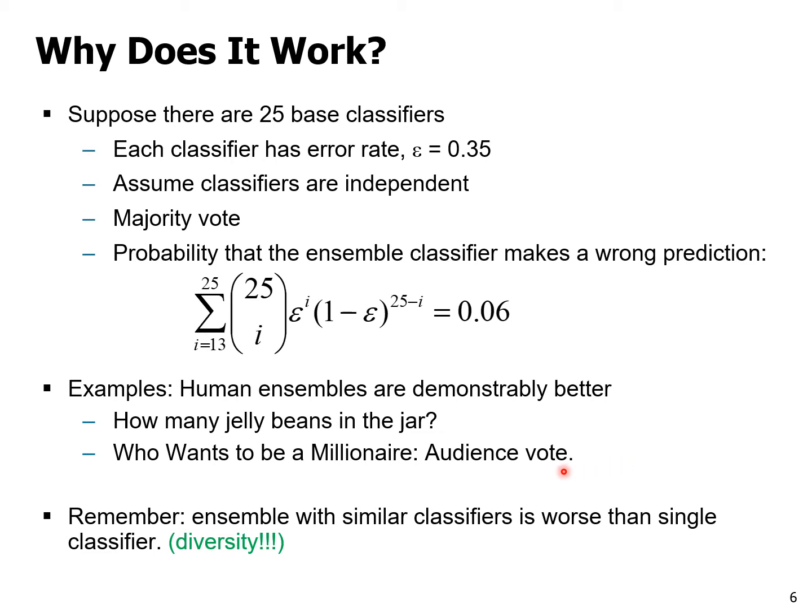So this ensemble method works in machine learning as well as in human ensembles. So remember, this independence is very important, and an ensemble with similar classifiers is actually worse than a single classifier. So diversity is the most important thing in the ensemble method.